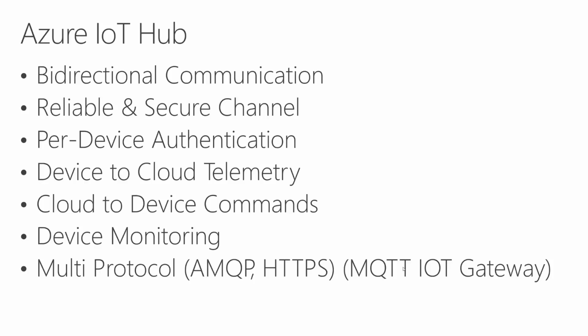And then you got device monitoring. You need to know if a particular device is connected or not, and so on and so forth. And all these features, they all support multiple protocols. You can have AMQP, HTTP, or use the MQTT IoT gateway to accomplish that as well.